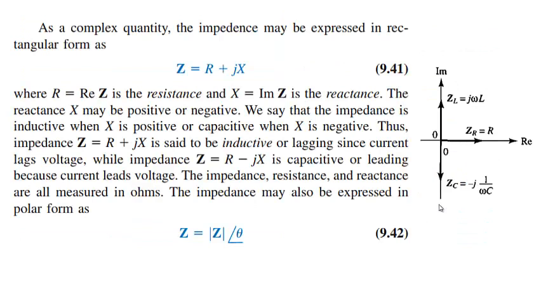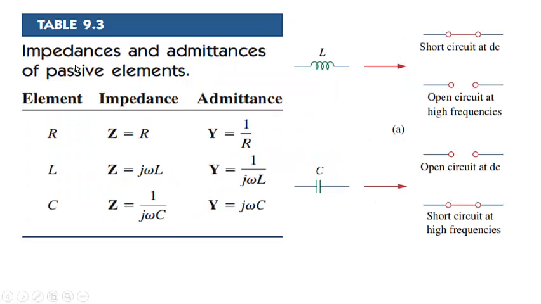Now, this is very important, and from here you should be very cautious about the impedance. As a complex quantity, impedance may be expressed in a rectangular form because sometimes you may have a combination of impedances. Let us say we have R and we have this L, and their impedance will be R plus j omega L. So in general, we express the reactance of the inductance as XL, and the reactance of the capacitor as XC.